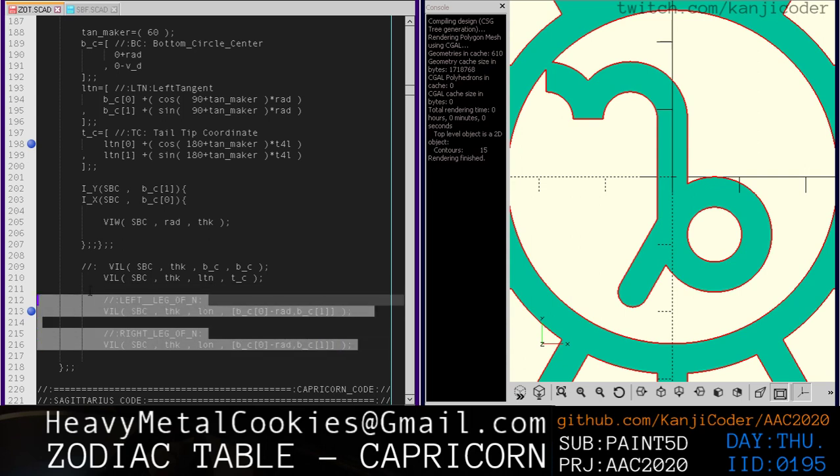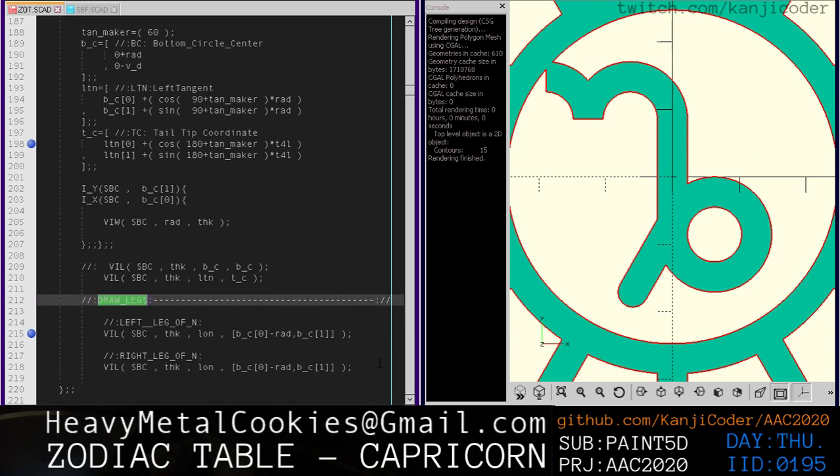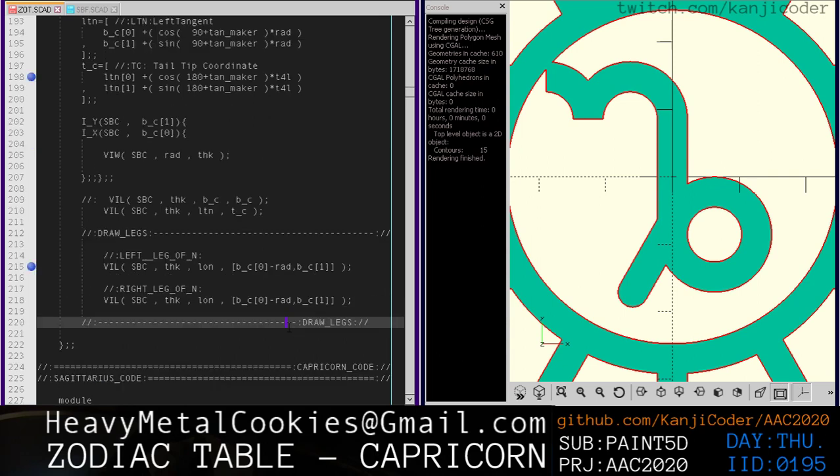So, draw legs. We can get in here and start making some variables for what that needs to be. And this code is a disaster, but the idea is just to get something that works properly.